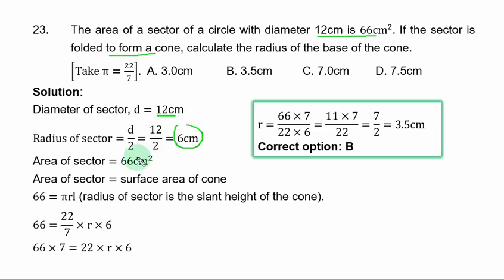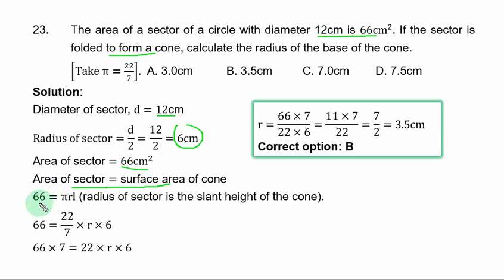Area of the sector is 66 square centimeters. Since the sector is folded to form a cone, we can say that area of sector is equal to surface area of cone.